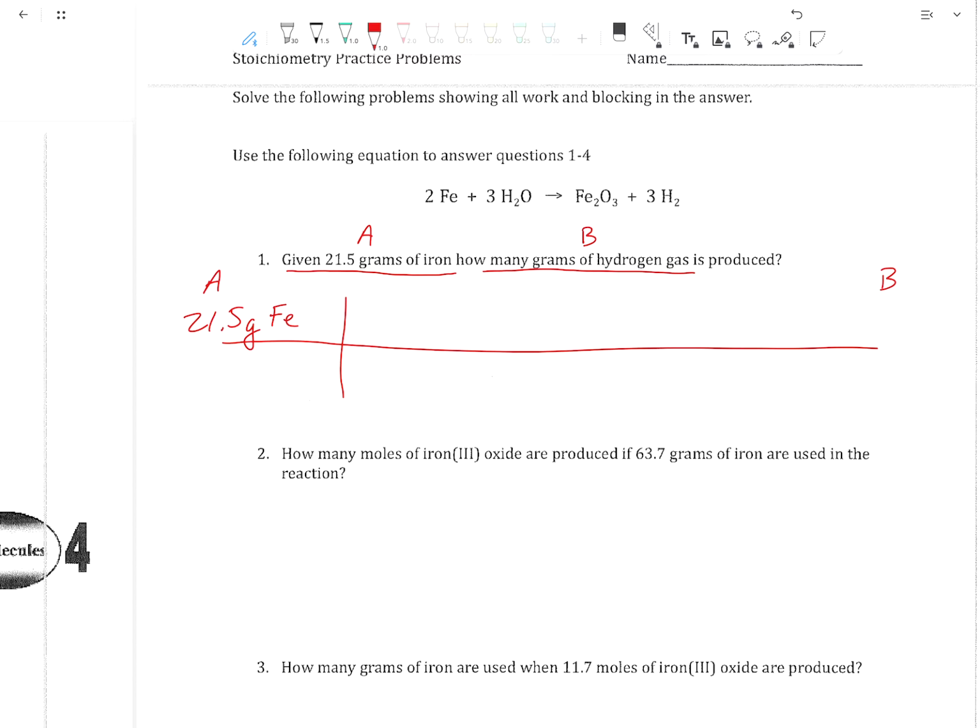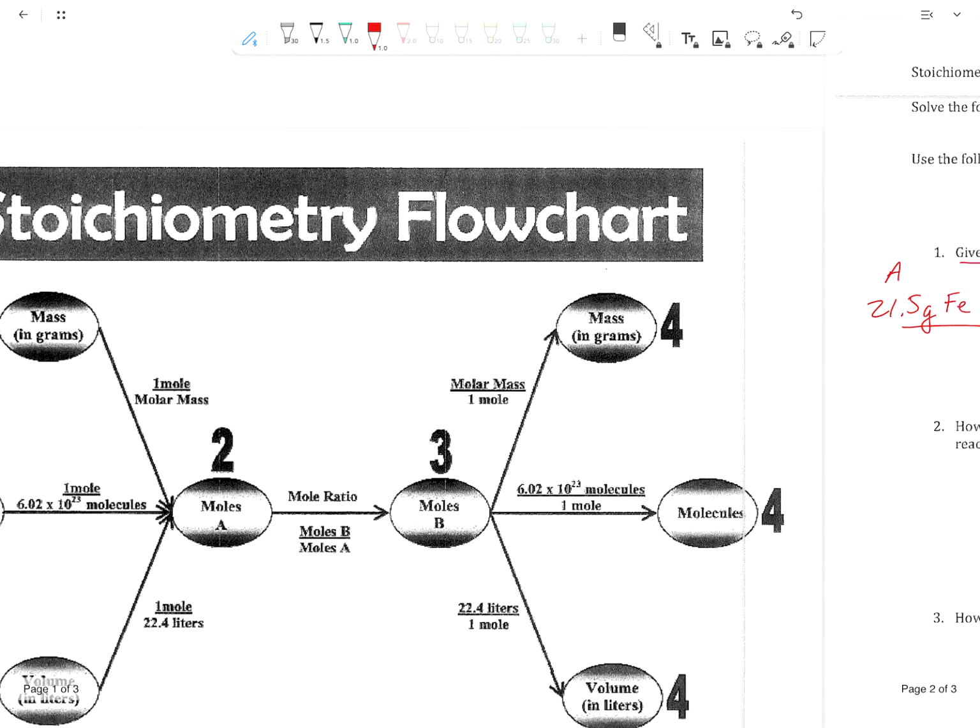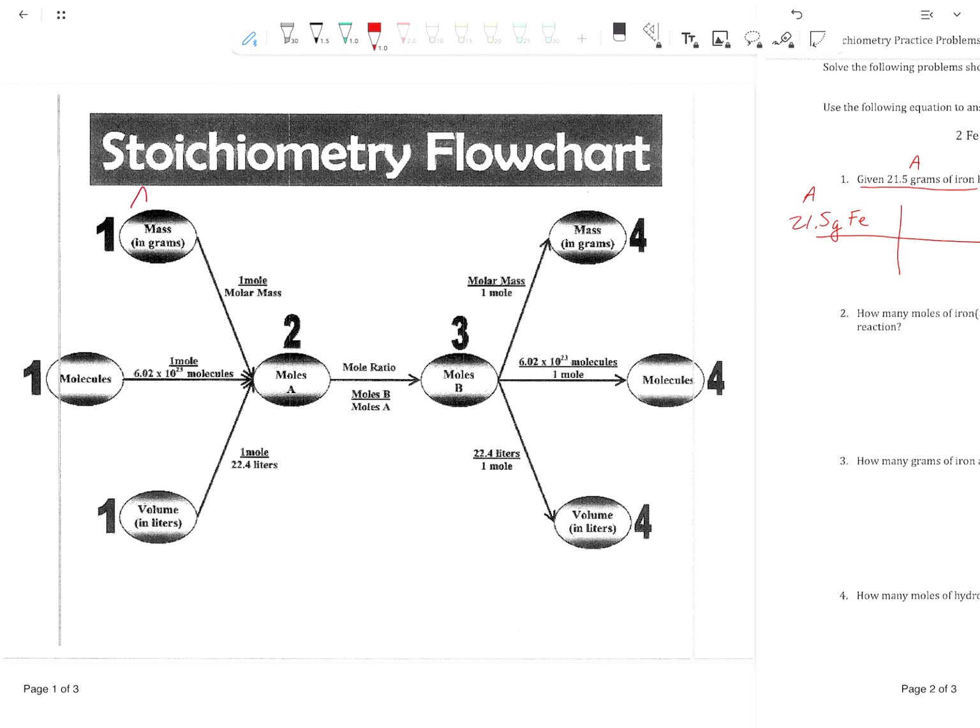So the first thing you have to do according to your flow chart is you're starting with the mass here, and you're going to end with the mass over here. And along the way, you travel along this path to get to this point, and you have to perform certain functions along the way: 1 mole over the molar mass of A, the mole ratio, that's moles of B over moles of A, and then the molar mass of B over 1 mole.